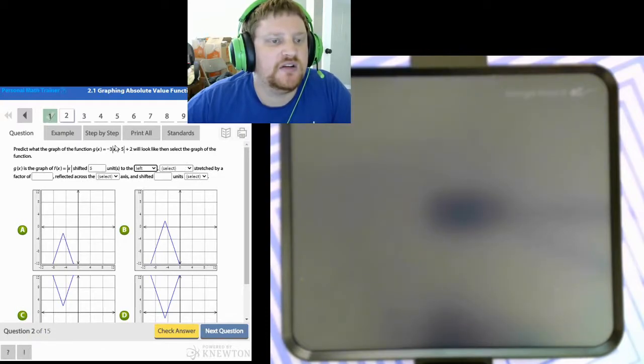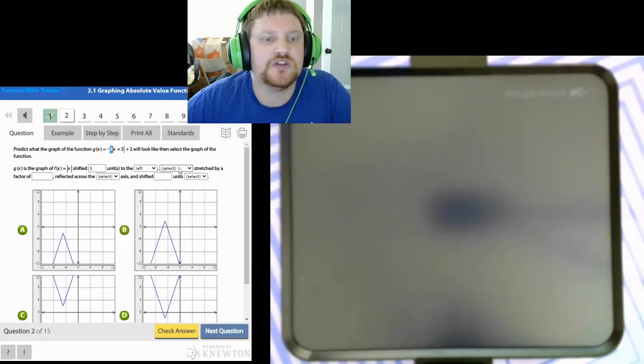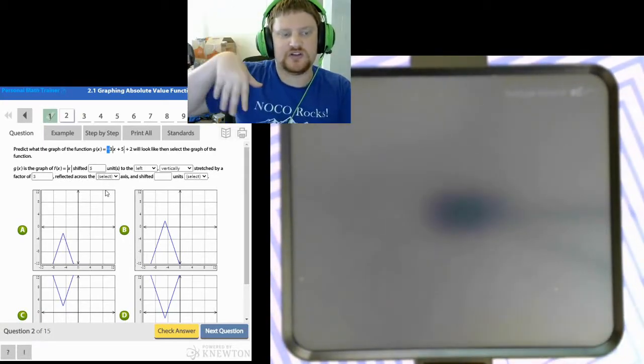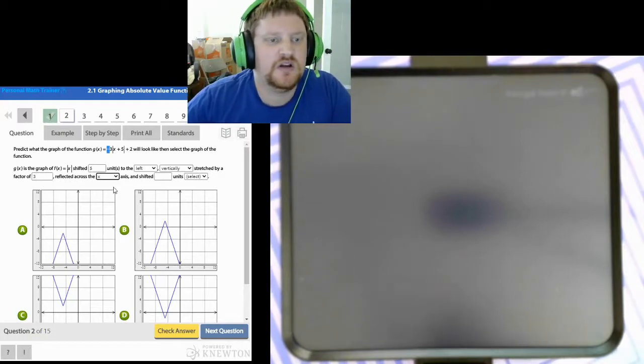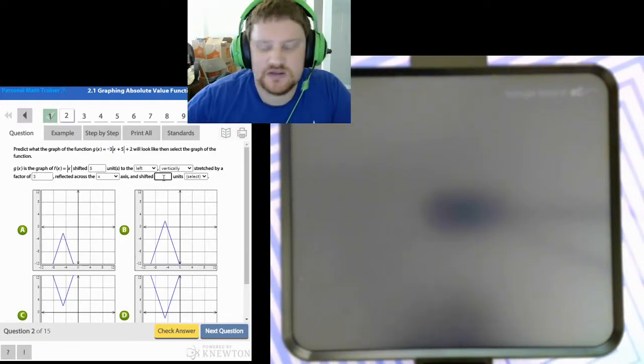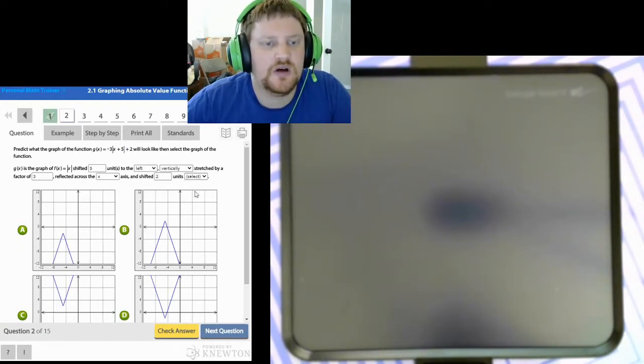We then have multiplication on the outside, and that multiplication is by a number larger than 1. So we know that is a vertical stretch by a factor of 3. We have a negative sign on the outside. That tells us it's going to be reflected vertically, across the x-axis. And then we have addition on the outside. That tells us 2 units up.